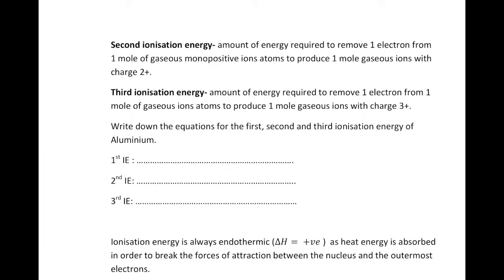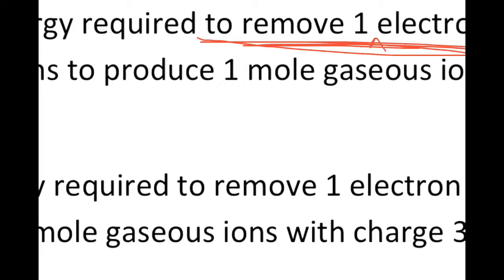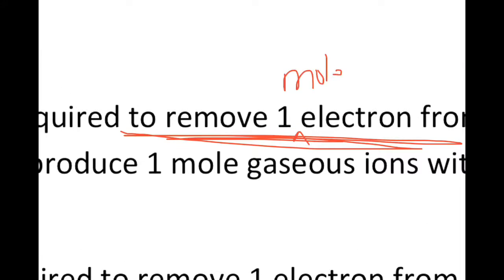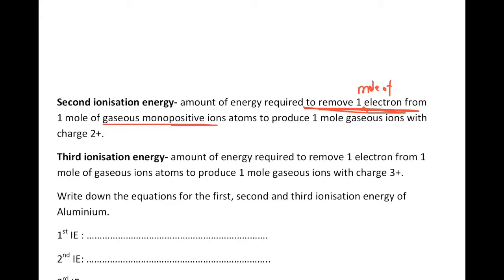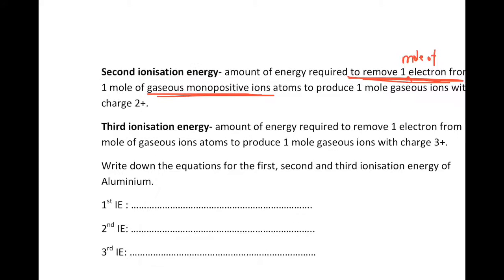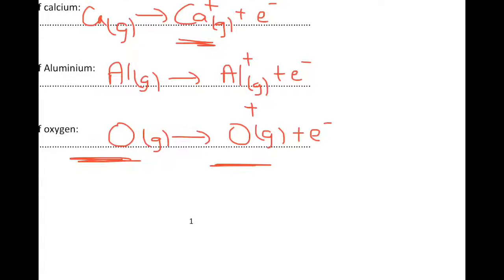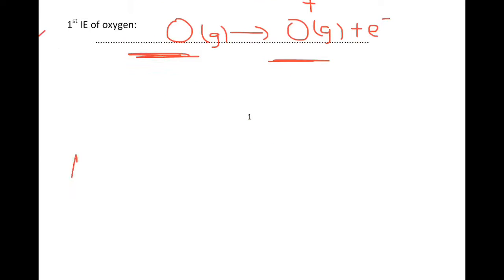Now, second ionization energy is the amount of energy required to remove 1 mole of electrons from 1 mole of gaseous monopositive ions. So let's say we start with sodium gas, and we remove 1 electron.